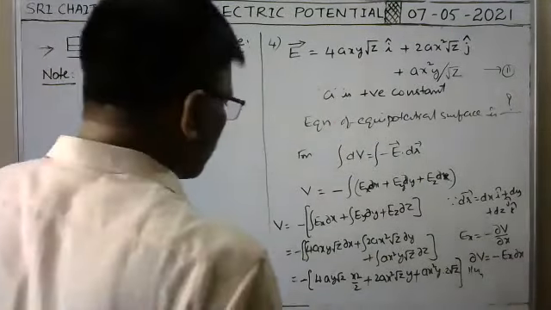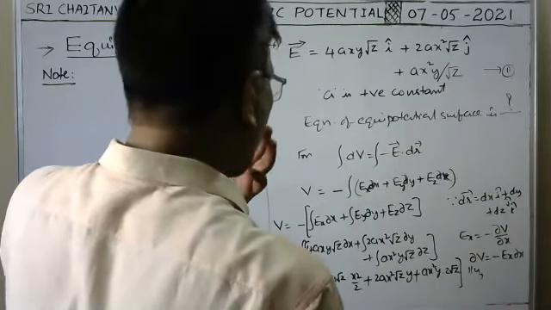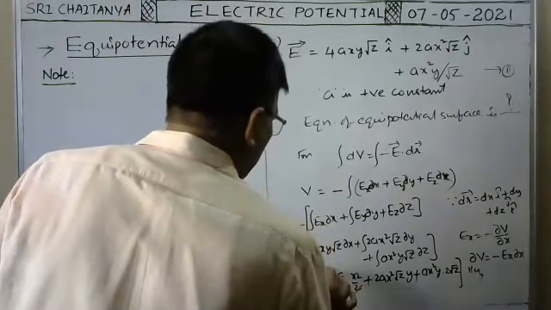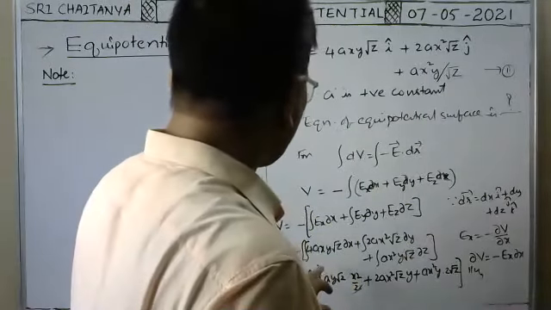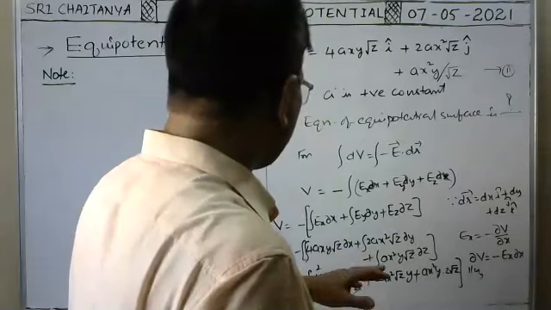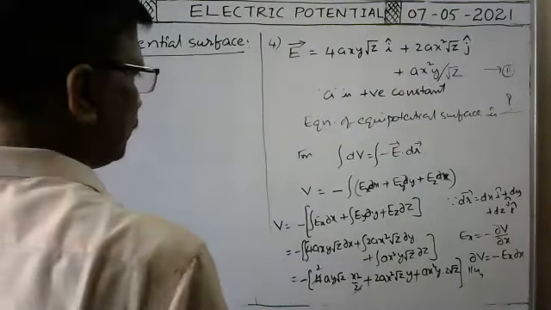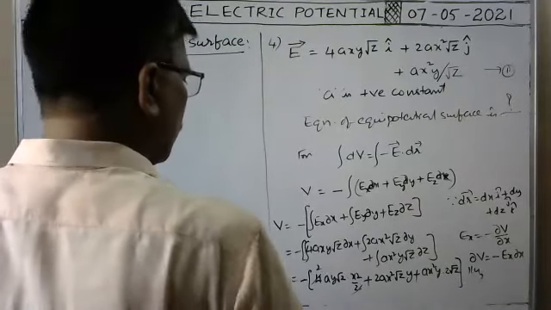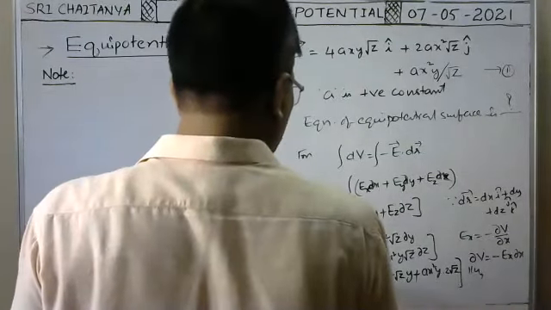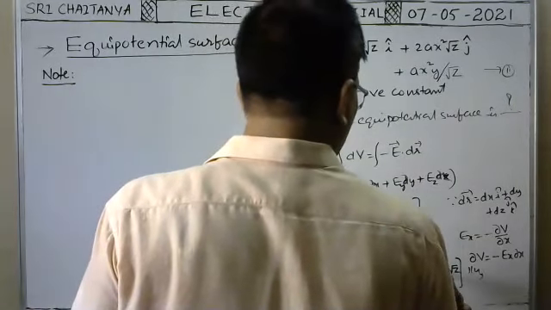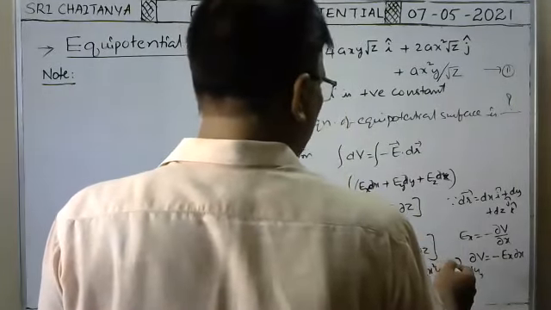Okay. In all terms, which one we can take common? Here 2 2s are. So in all terms 2ay root z is there. You take common 2ay root z. 2ay root z x square, 2ay root z x square, 2ay root z, 2ay root z x square.